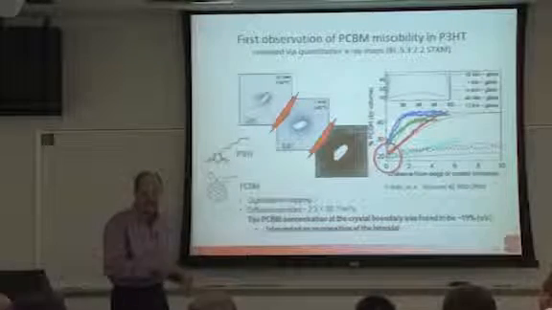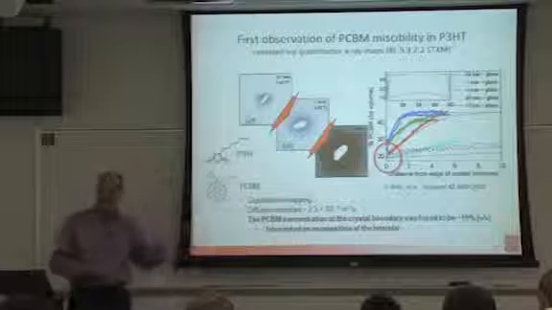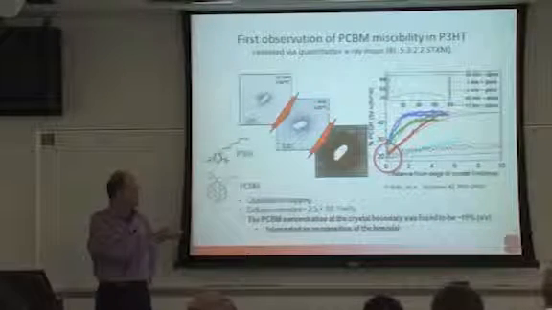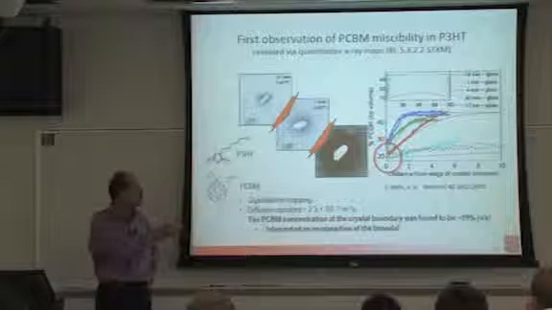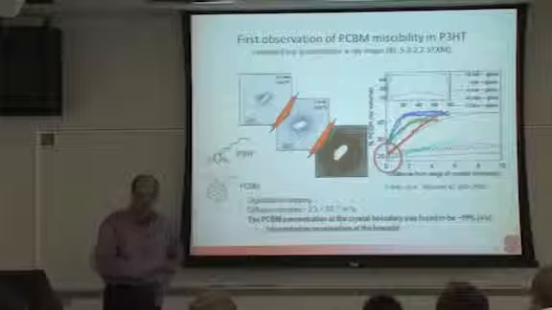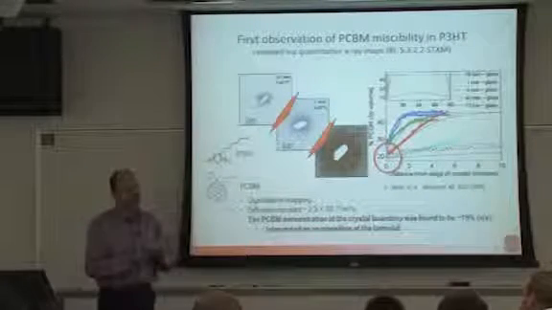We also noticed, but at the time didn't fully appreciate the significance of that, that when we fit these diffusion profiles, it never went to 0 next to the PCBM crystal. It went to a finite value on the order of 20% PCBM right next to the PCBM crystal.